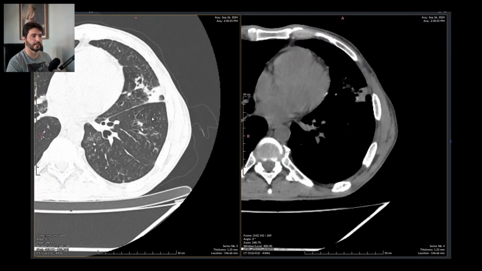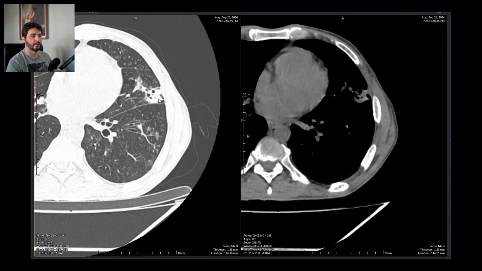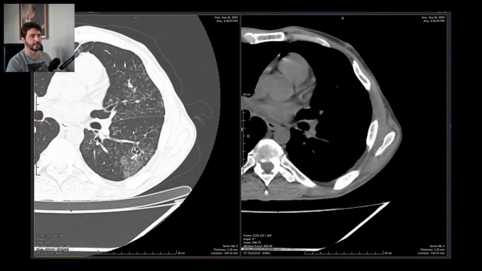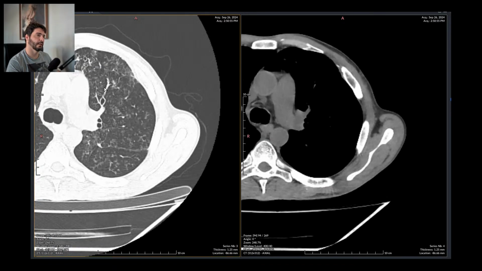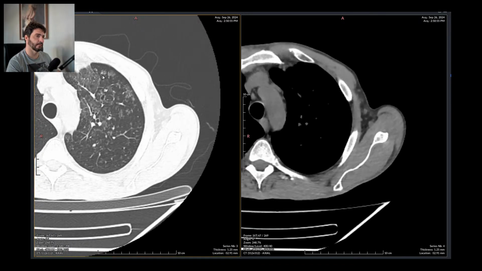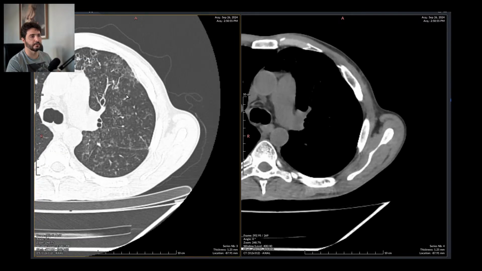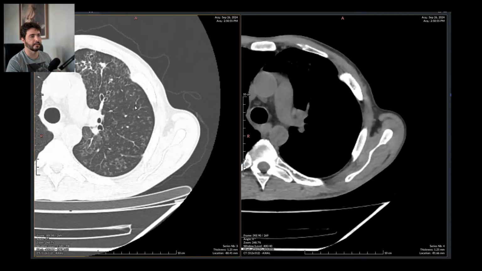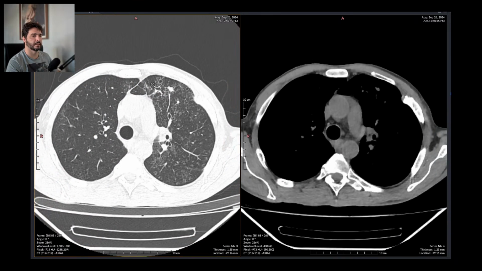And of course we have bronchiectasis and small consolidations with cavitation or excavation, which is necrosis. So right there, consolidations with necrosis, bronchiectasis, and all that good tuberculosis stuff.